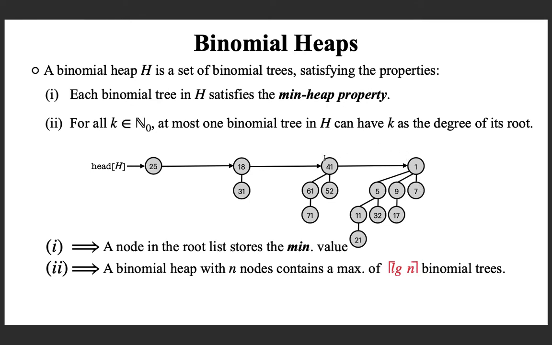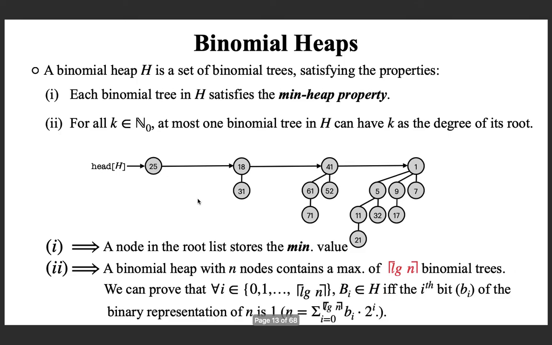So here 4 trees are there. The result follows because we can prove that for all values of i from 0, 1, 2, 3, B0 is in the set of trees if and only if the 0th bit of the binary representation of the total number of nodes is 1.